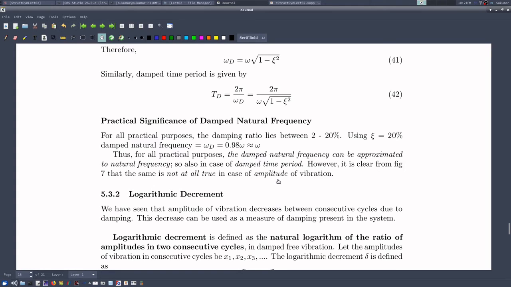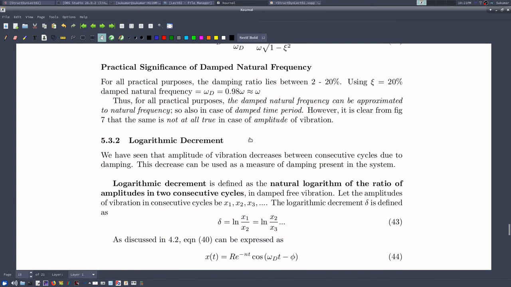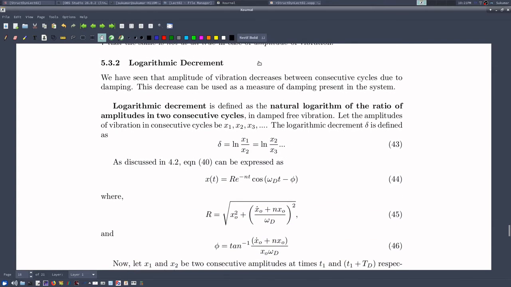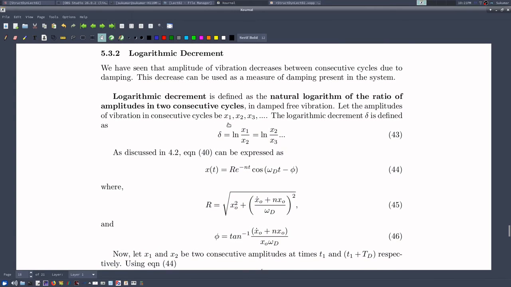With every cycle the amplitude of vibration will decrease gradually in case of an underdamped system. Now based on that, we can define another quantity as a measurement of damping present in a system.